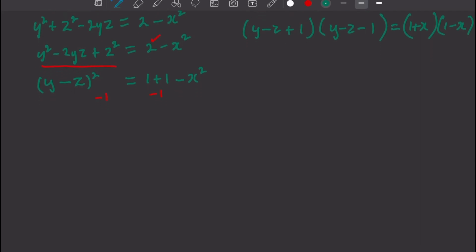We'll have y minus z plus 1 is equal to 1 plus x. We'll have also that y minus z plus 1 is equal to 1 minus x. We'll also have that y minus z minus 1 is equal to 1 plus x, and y minus z minus 1 is equal to 1 minus x.